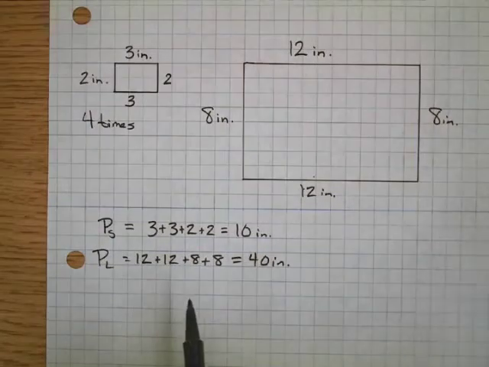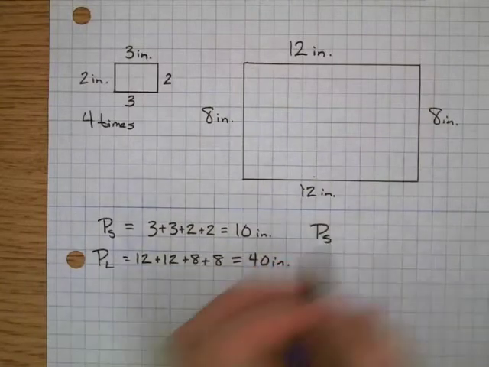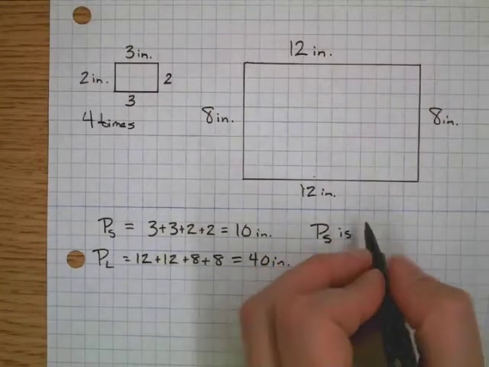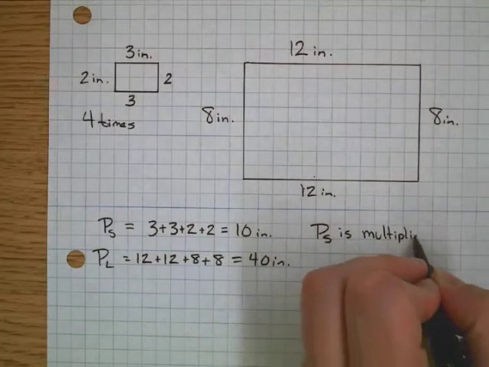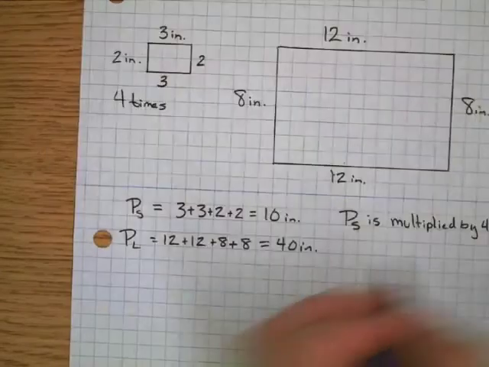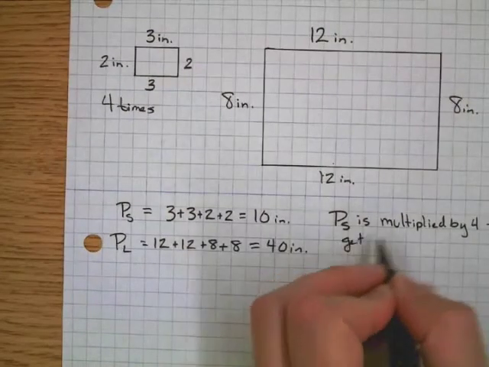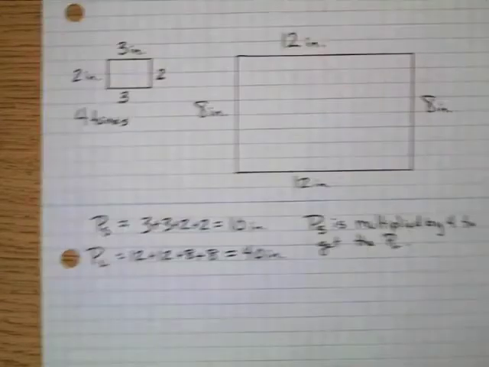So let's write that out here. The perimeter of the small is multiplied by 4 to get the perimeter of the large rectangle.